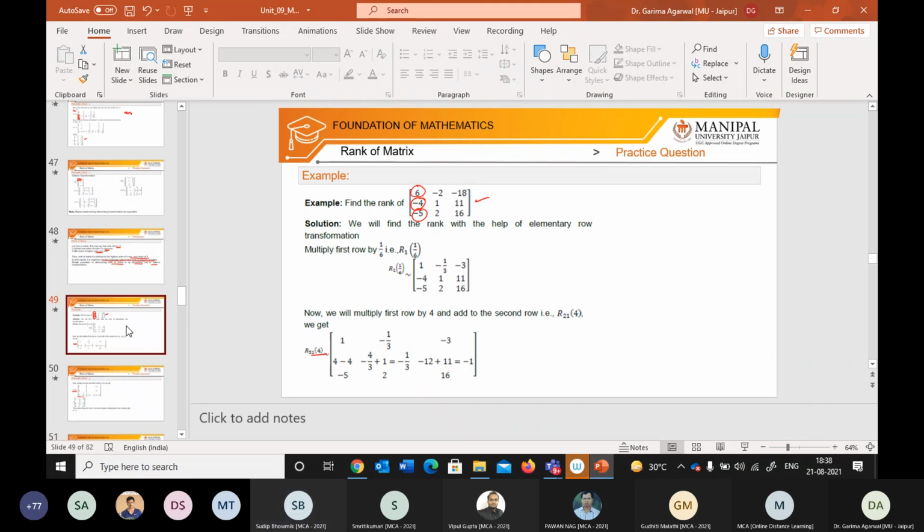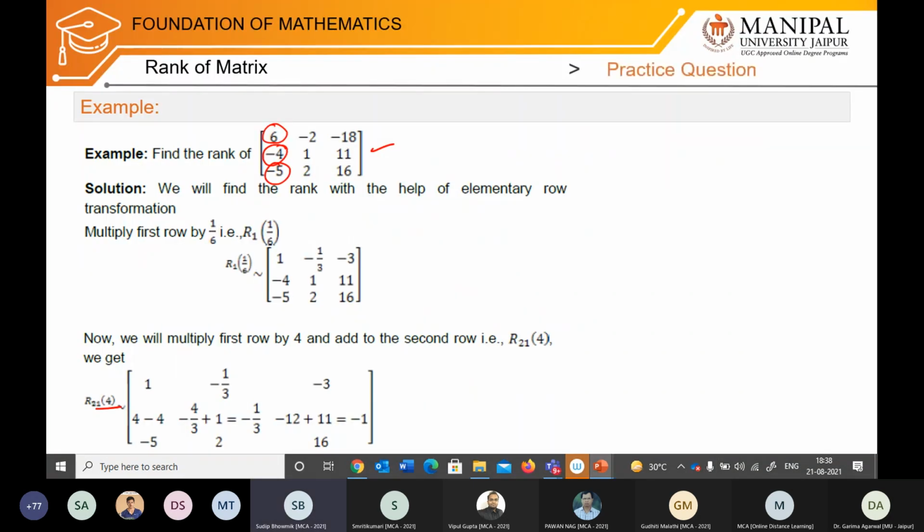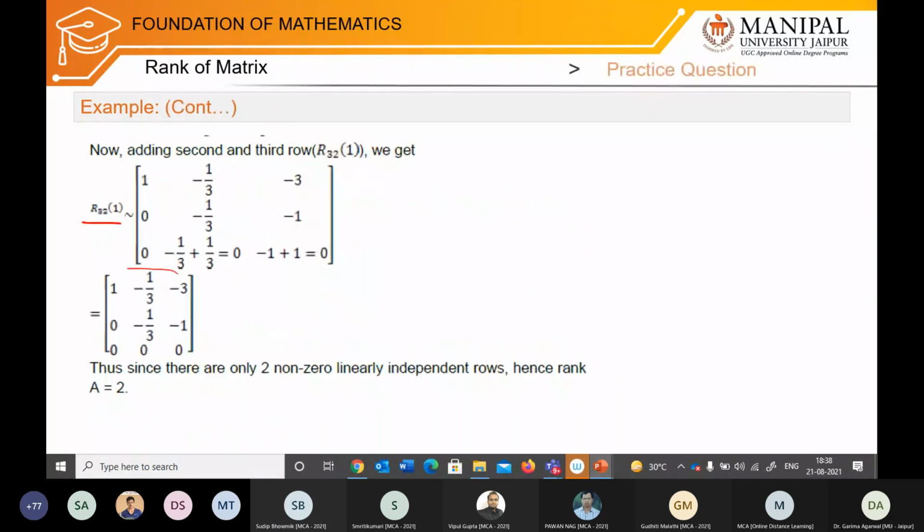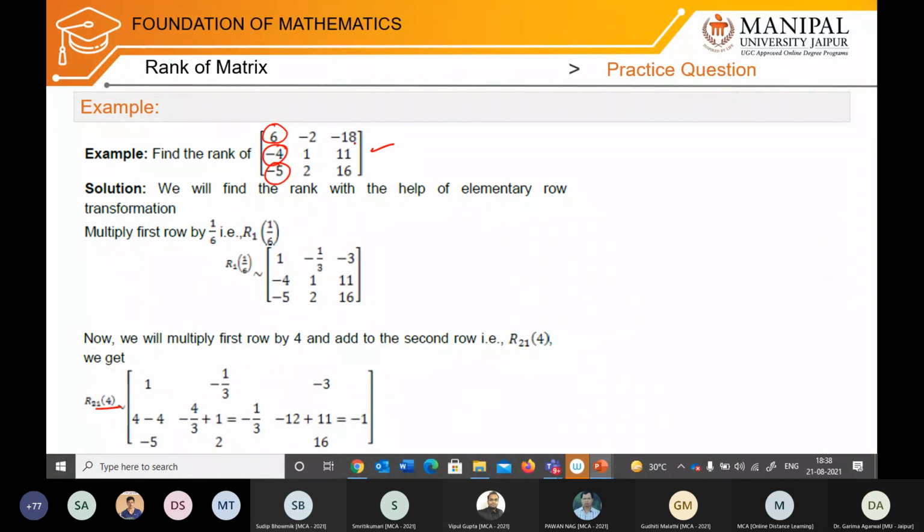Initially we cannot identify whether it will convert into 0 or not. That we need to find out as we go, right?